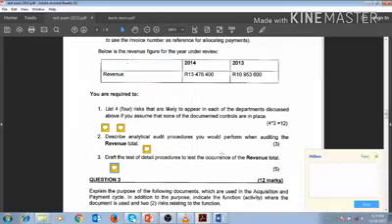Number 1, I'm going to perform a positive data circularization to confirm if the sale actually occurred.